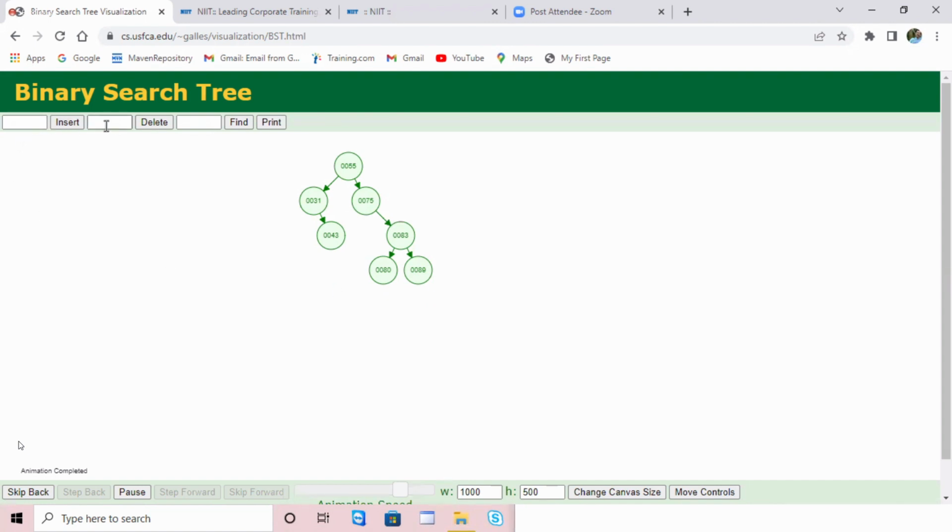I want to delete 83. If the same logic applies, then after 83 it starts searching for the lowest value, and that will be posted as the parent.